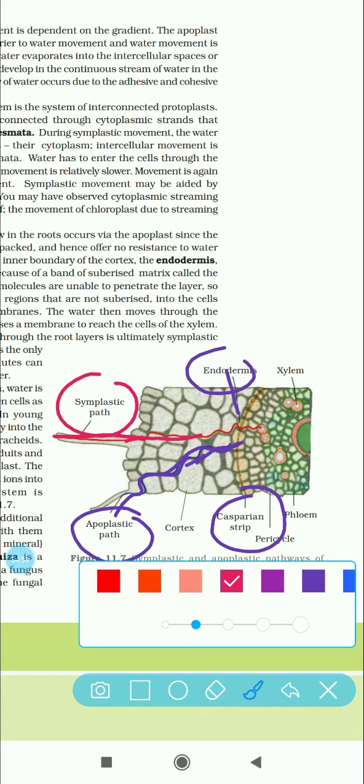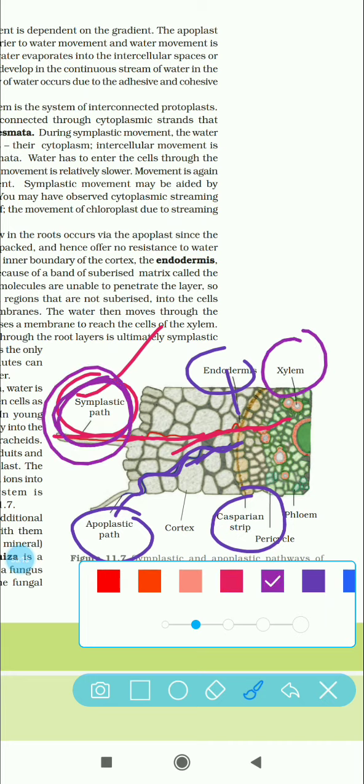It will be inside the cell through the protoplast. It is slower, and then it will reach the xylem. So the most important path over here is the symplast, because without the symplast, water cannot reach the xylem.